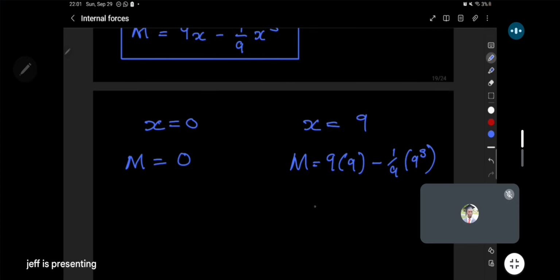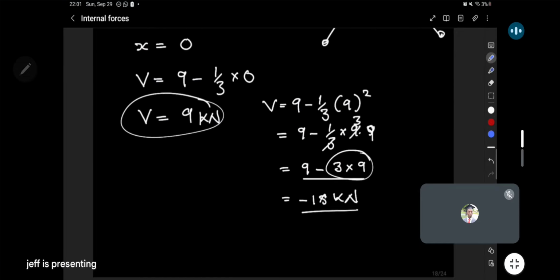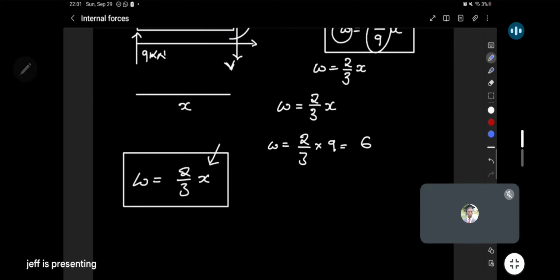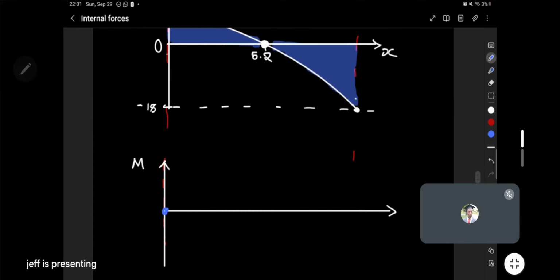And in this case, we're going to have 9 by 9 minus 1 over 9 multiplying 9 to the power 3. We said this will just cancel with 1 from there. So at either end, you have 81 minus 81, and this will be equal to 0. So what we see is that our bending moment diagram starts from 0, and at point B, it will also be at 0.